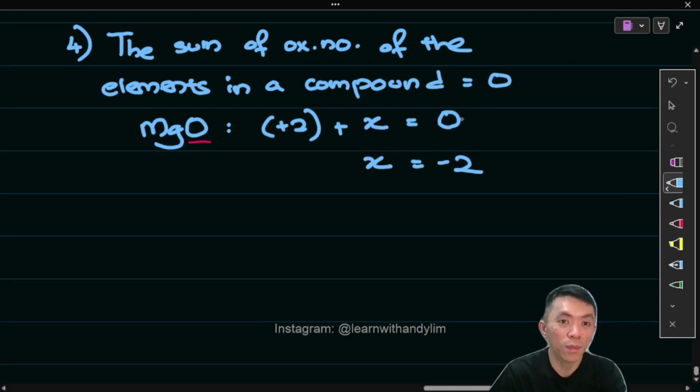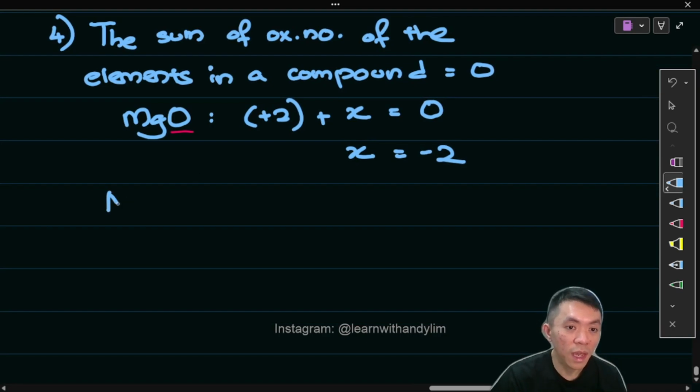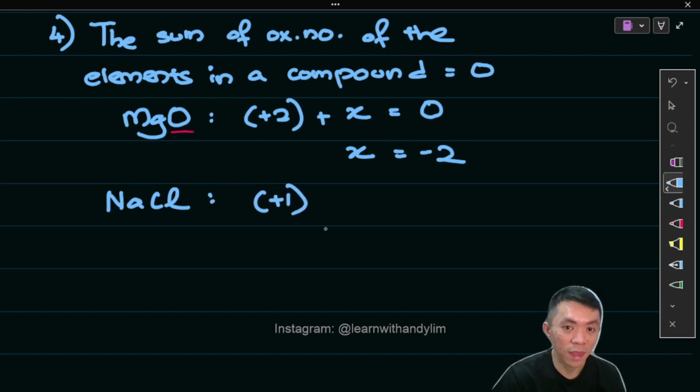Let us try one more example. I have NaCl, sodium chloride. For sodium, I know it is located in group 1, so it is +1. Chlorine is located in group 17. I know that it must be -1, but I denote it with X because I want to find the oxidation number of the chloride ion.